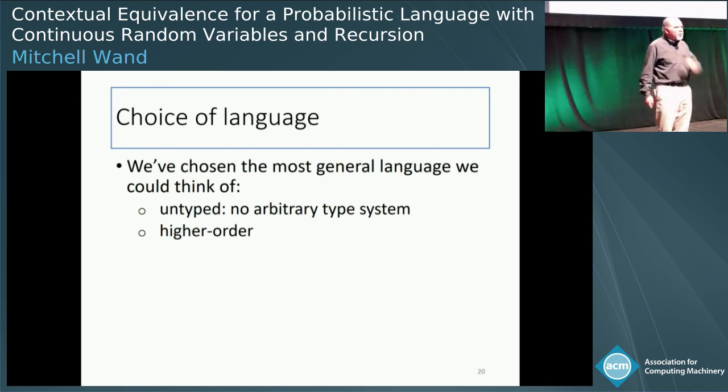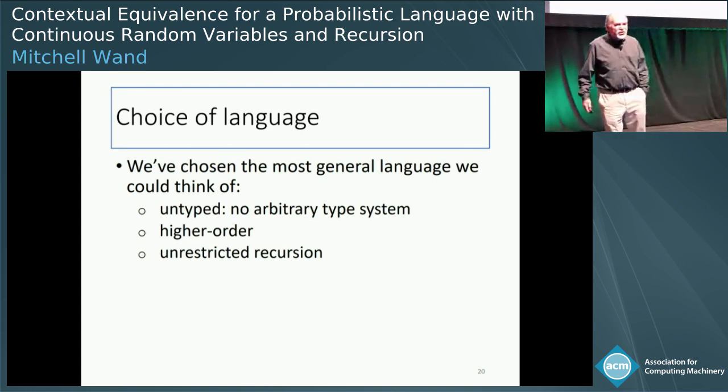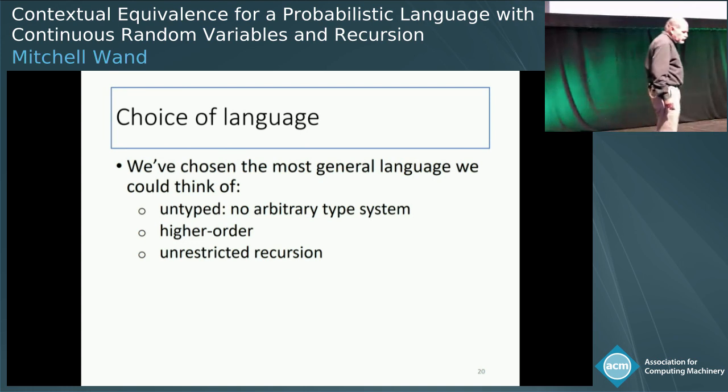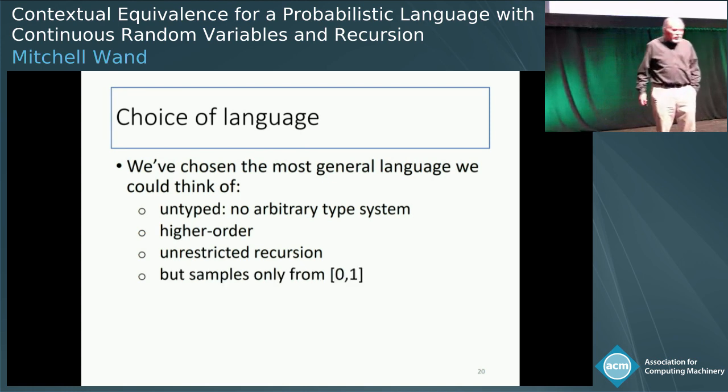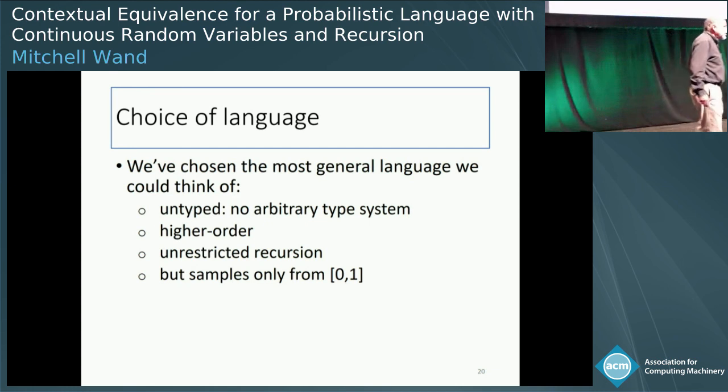It's going to be higher order, because after all, we at Northeastern, we're schemers at heart. We allow unrestricted recursion. But the one thing that we're making a concession on is that our samples are going to be samples from the unit interval, because samples from other kinds of spaces are problematic.